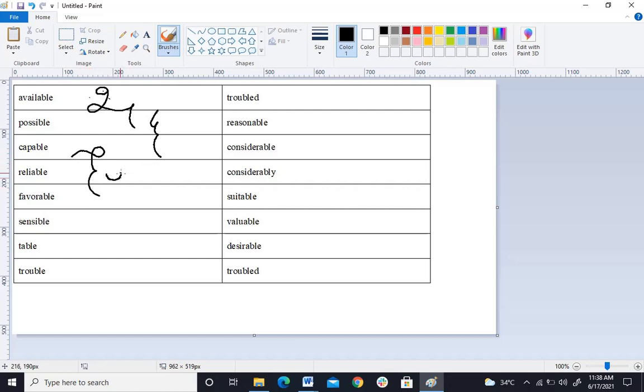Let's repeat, reliable. Next, favorable. So we have favor, and then R, favor, and then bull.